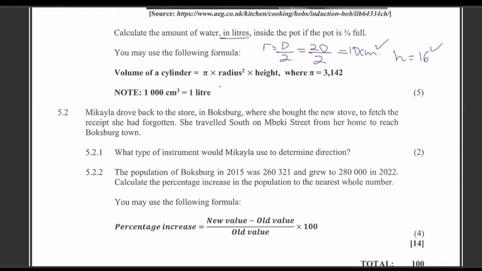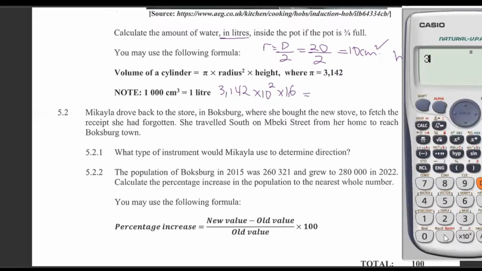So we come and substitute. Pi is the same as 3.142 times 10 squared times 16. And here doing this, you have a mark already. So this is the same as 3.142 times 10 squared times 16.